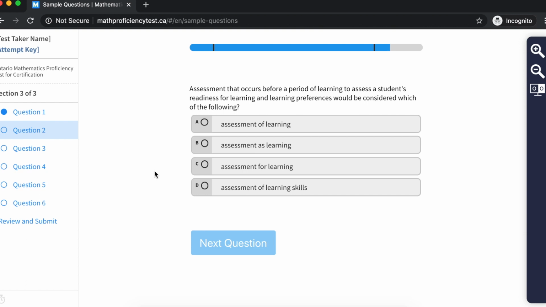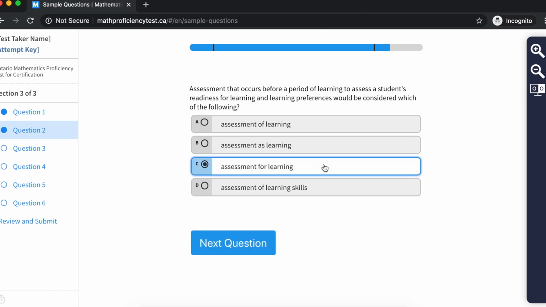Assessment that occurs before a period of learning to assess a student's readiness for learning and learning preferences would be considered which of the following? Of, as, for, or of learning skills. So this would be assessment for learning, something that a teacher would do so that they can teach better and help the students learn better.